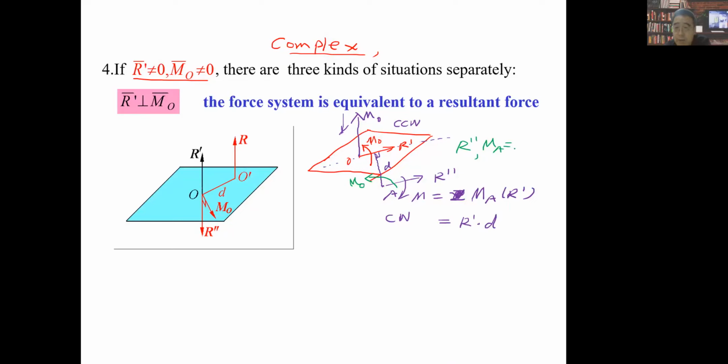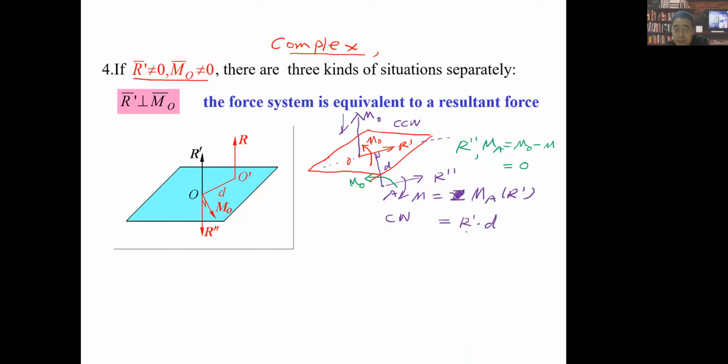So actually we can use MO minus M, and we are trying to get this result to be 0.